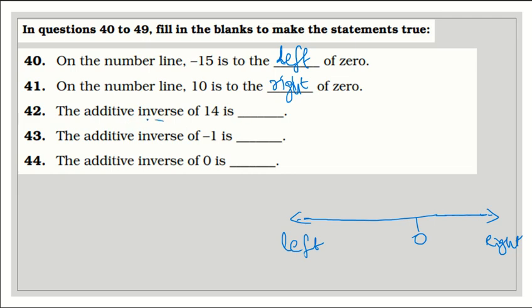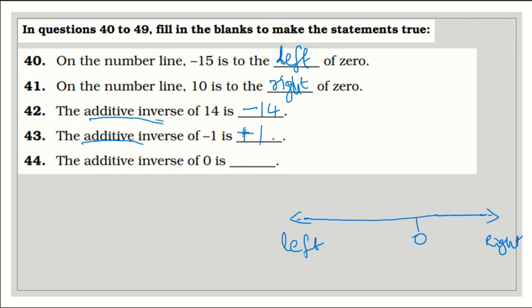So additive inverse, whenever you want to say for any integer, just change the sign. If it is a positive number, its additive inverse is negative, and if it is a negative integer, since in question number 43 additive inverse of minus 1 is asked, if it is a negative integer, make it positive.